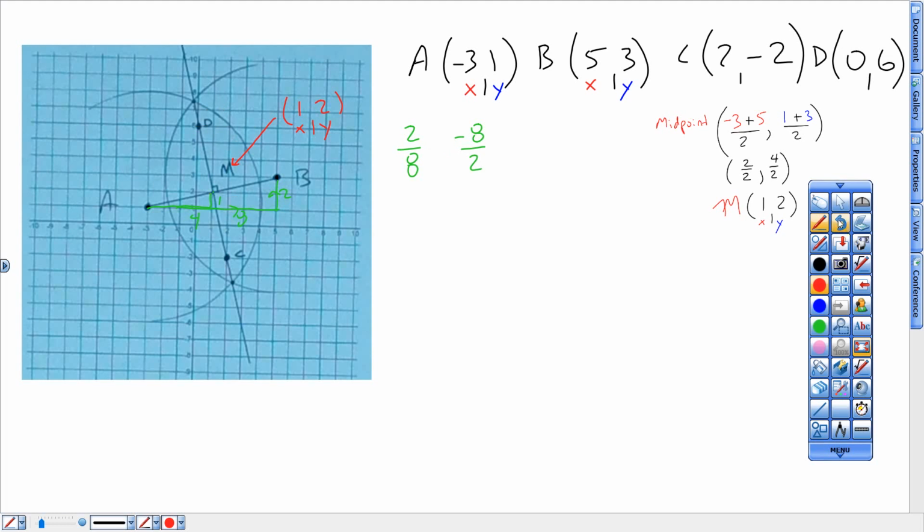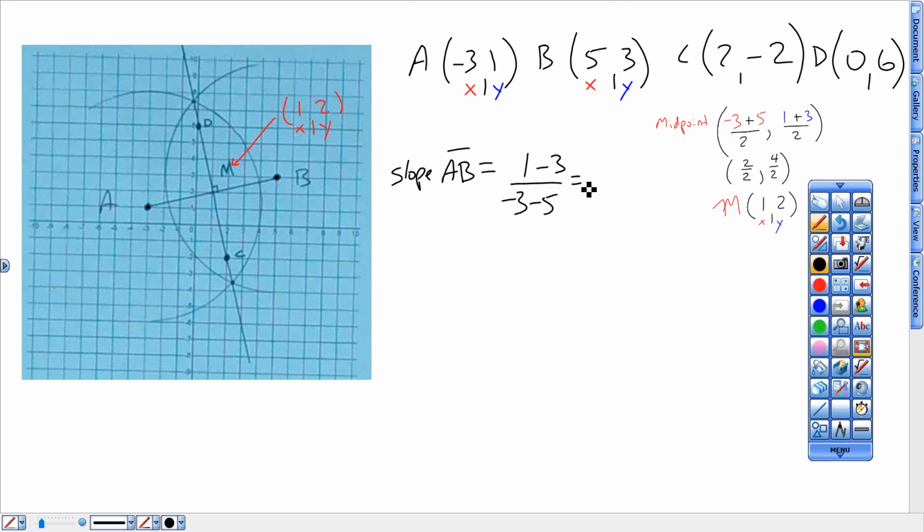So here I go. Hopefully you saw what I saw, that the slope between A and B is 1/4 reduced, and the slope between D and C is -4 over 1 reduced. Here we go. Slope of AB. That's going to be 1 minus 3, subtracting the y's up high, over -3 minus 5.